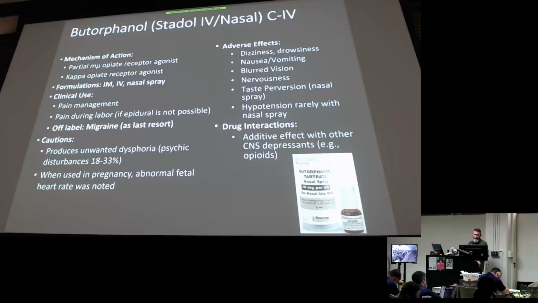High potential for abuse, it's a controlled substance, and high potential for medication overuse headache. I put it on there because you may see it out in the wild, but this is your last option. A mixed opioid agonist. It has some first line use, but that's in labor pain if you can't use an epidural. Off-label use for migraine, last resort. So be aware of it only.